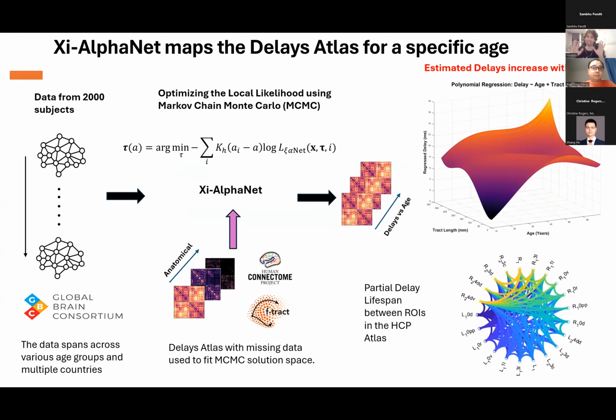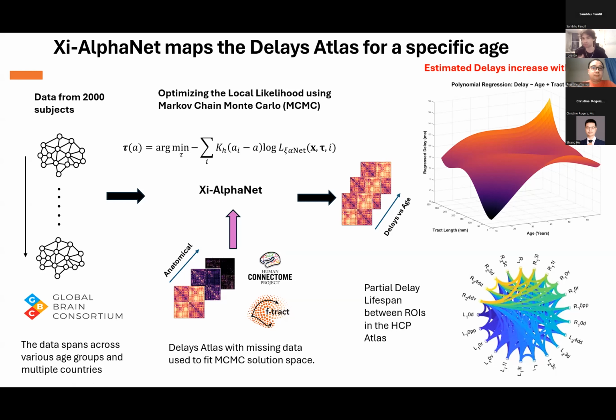And if you plot the delays versus age, and also the length of the track from the Human Connectome Project, you get this nice surface here at the top right, where you can observe on the vertical axis delays in milliseconds, the length of the track in millimeters, and also the years as time.